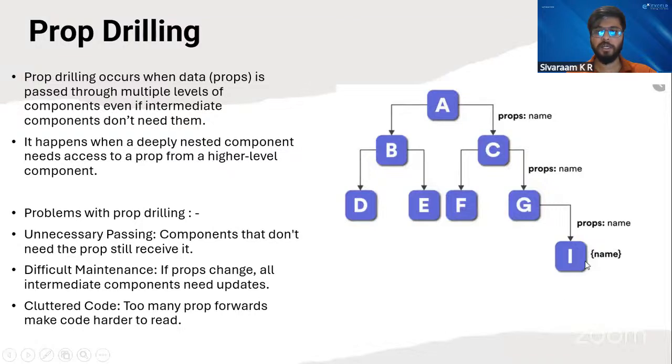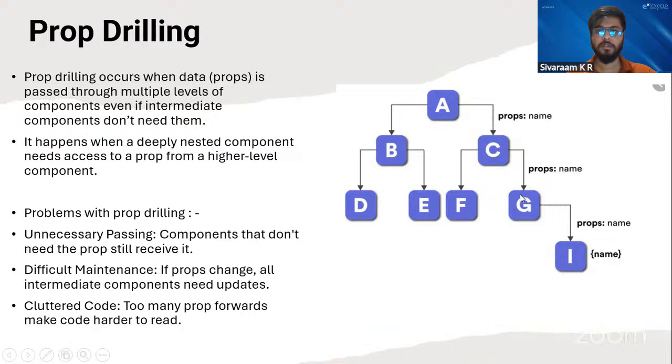I can't directly send it, right? What I need to do is pass the data as props to C. You can see here, the props name. And then C will pass the data again to G. G will again pass the data to I. So what is happening here is, even though C and G don't require this data, they are getting the data.